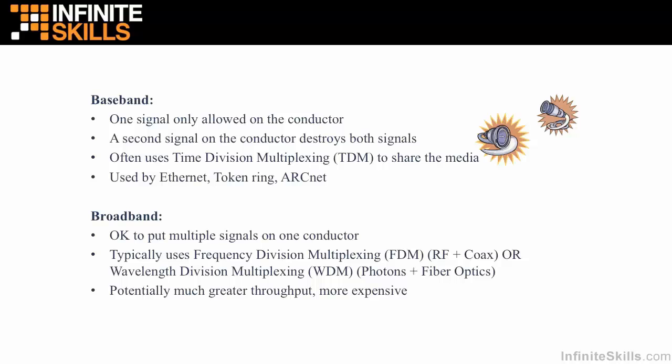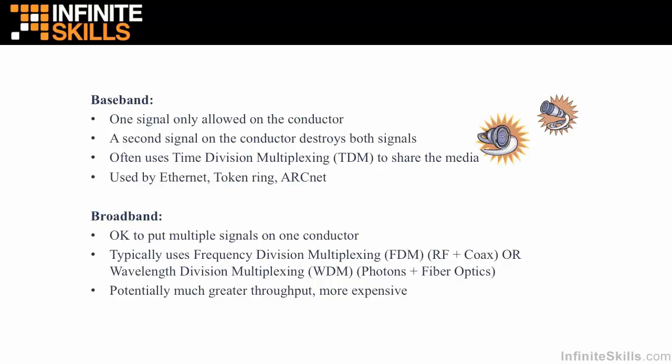Then it goes to the second node and says, all right, it's your turn to transmit. And now the second node transmits, but the other 9 nodes are not allowed to transmit during that one time period. By using some mechanism of identifying whose turn it is, time division multiplexing allows multiple nodes to share a common baseband media. The media access methods commonly used, and used historically, will be explored in later videos.